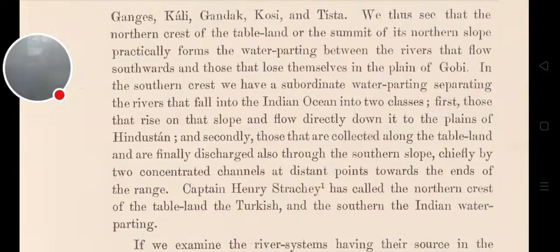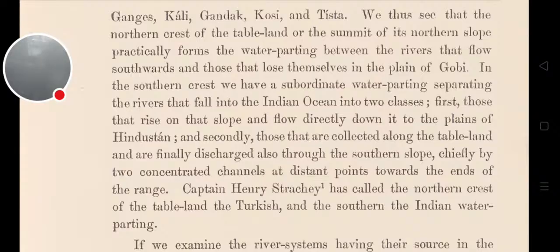We thus see that the northern crest of the tableland, or the summit of its northern slope, practically forms the water parting between the rivers that flow southwards and those that lose themselves in the plain of Gobi. In the southern crest, we have a subordinate water parting separating the rivers that fall into the Indian Ocean into two classes.